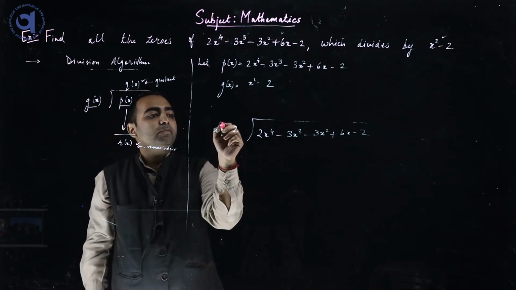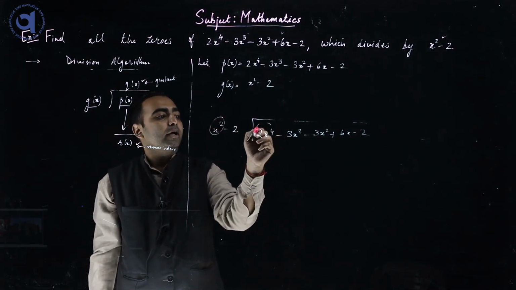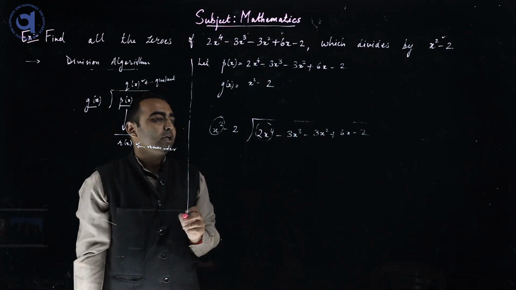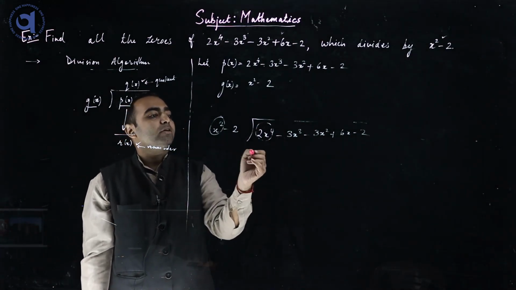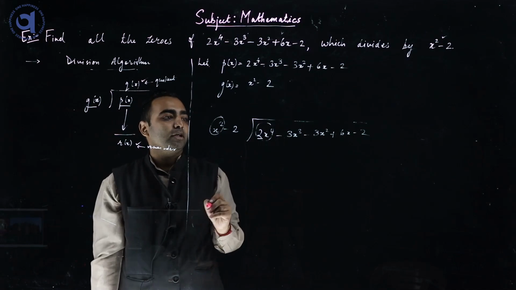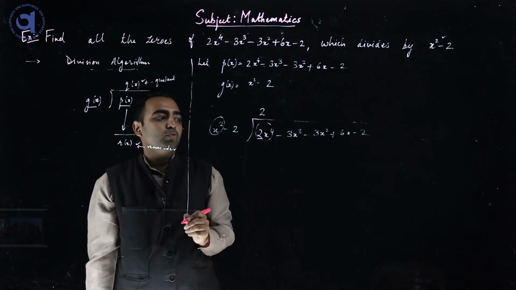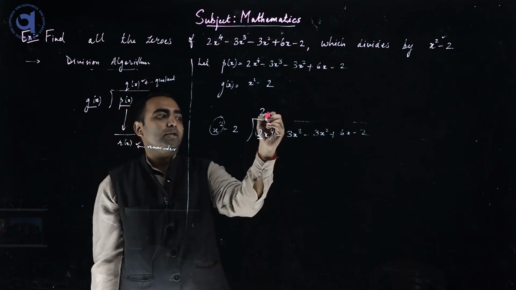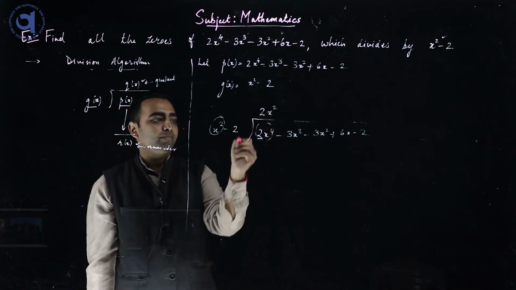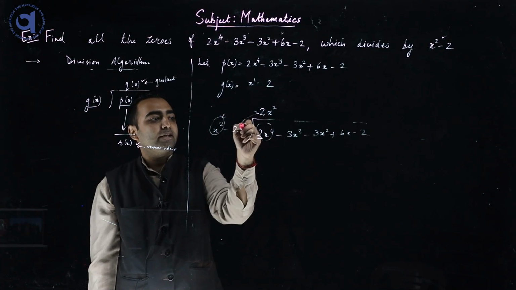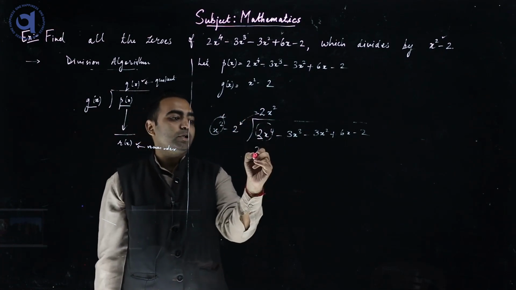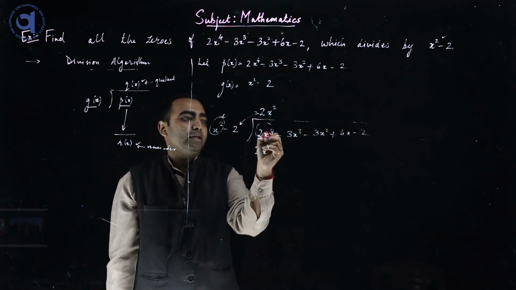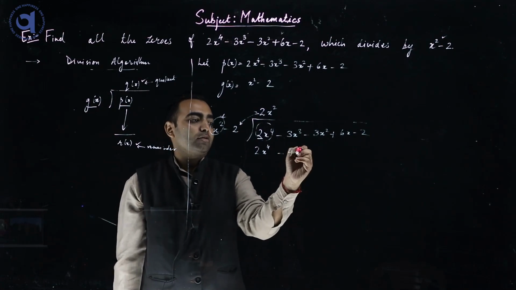Now how will we do the division? The first step is that we need to make these two terms equal using some multiplication. How can we do it? You can see 2 is there, so here we can multiply with 2. In the same way, x square is there and here x4 is there, so the power 2 is remaining, so here I can write 2x square. Now I will multiply this 2x square with both the terms, so it will be 2x raised to 4 minus 4x square.